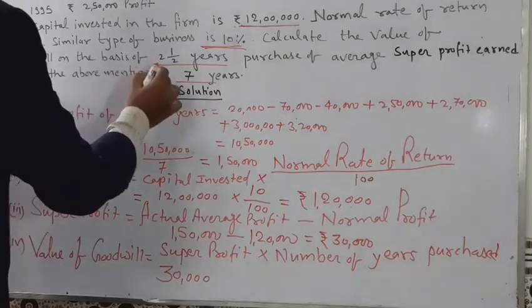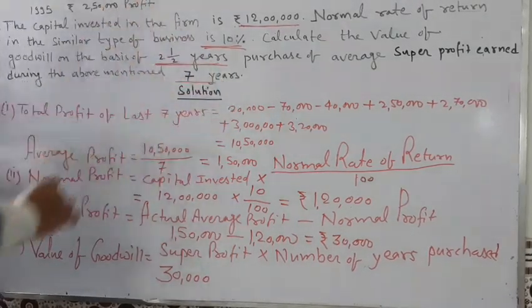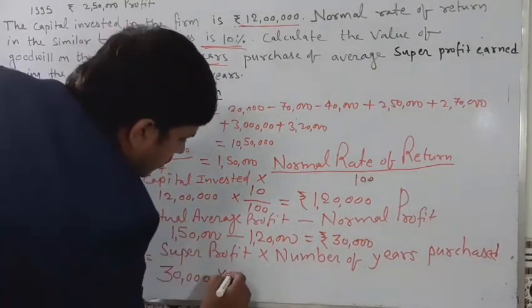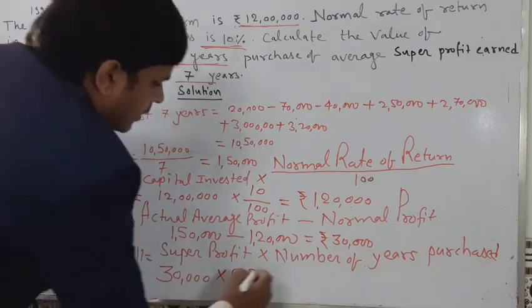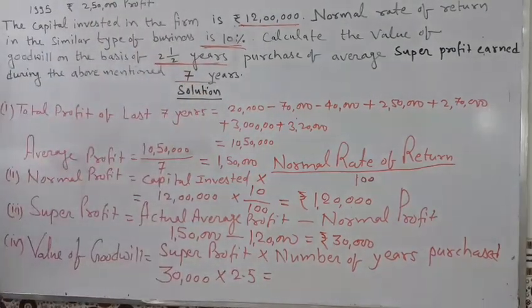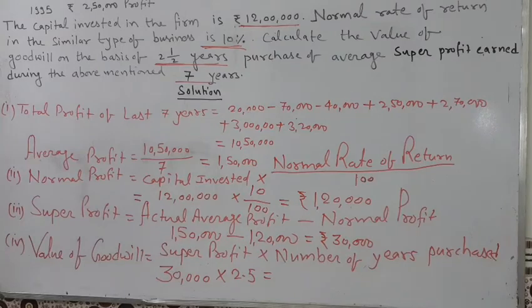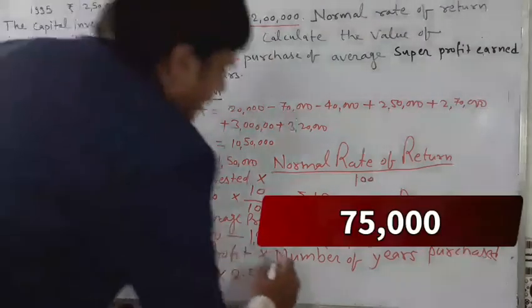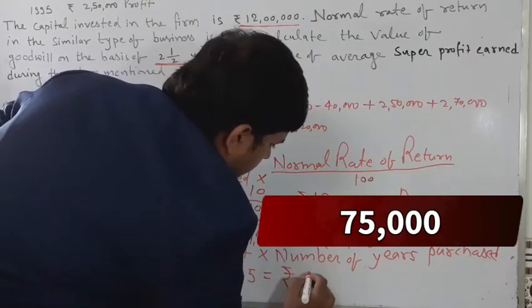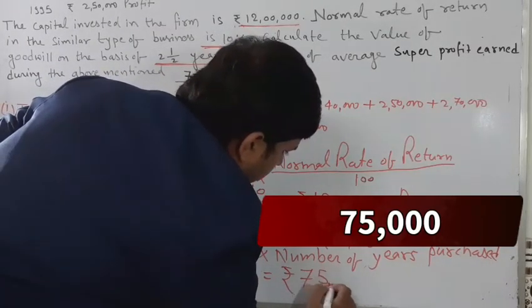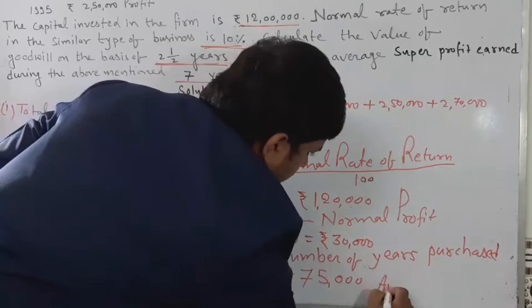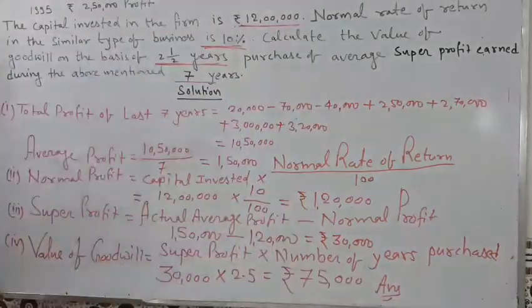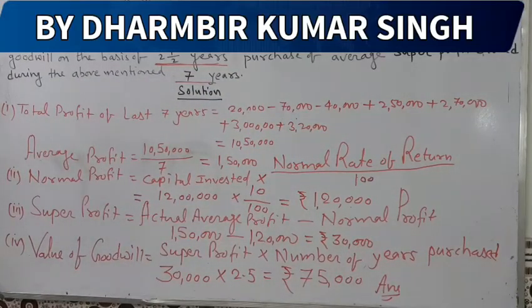They have already written 2 1/2 years. Means into 2.5. Then you will multiply it. 30,000 into 2.5 is equal to 75,000. This is your answer. Okay, 75,000 is your answer.